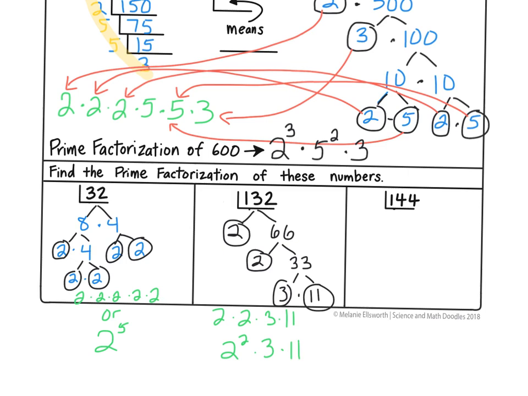144, I know is 12 times 12. And then 12, I'm going to do 2 times 6. Could have also done 3 times 4. 6 is going to be 2 and 3.